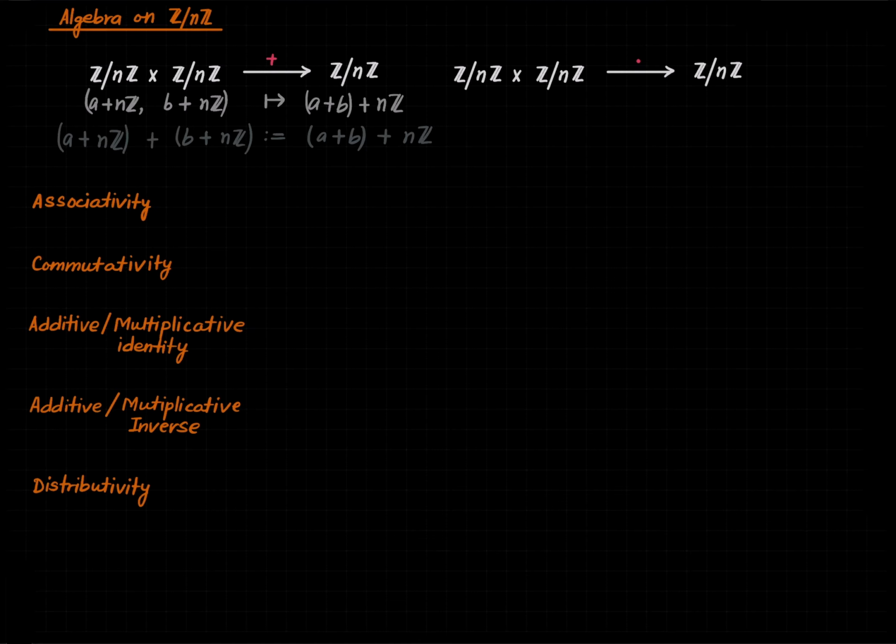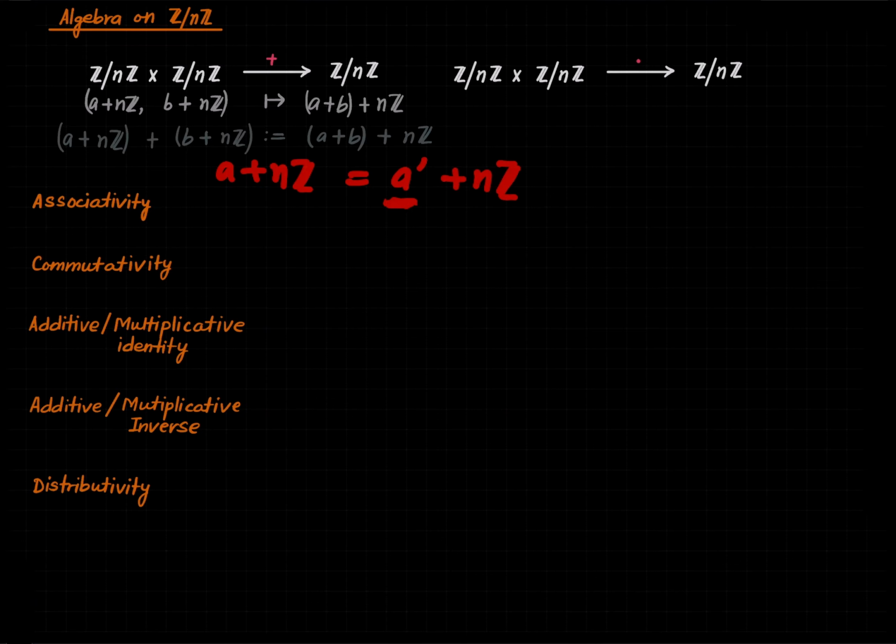And here already there is a well-definedness problem, because a + nZ is also equal to so many other things. a + nZ is equal to a' + nZ whenever a' is congruent to a modulo n.